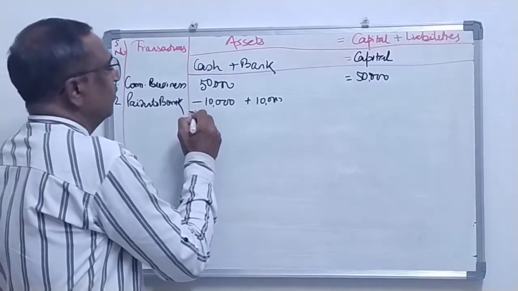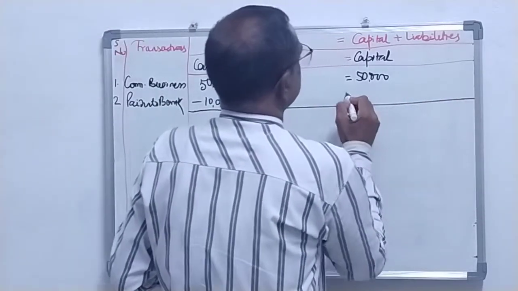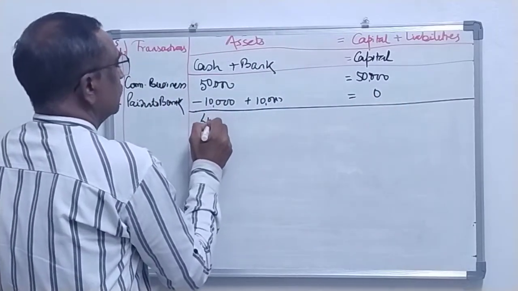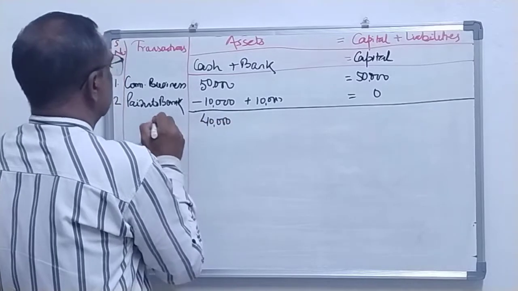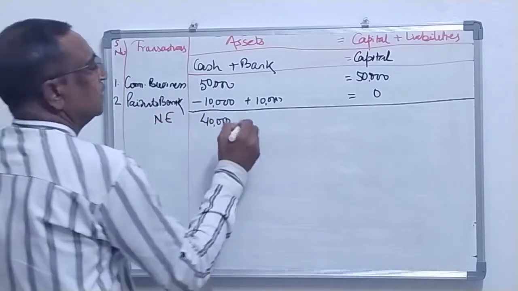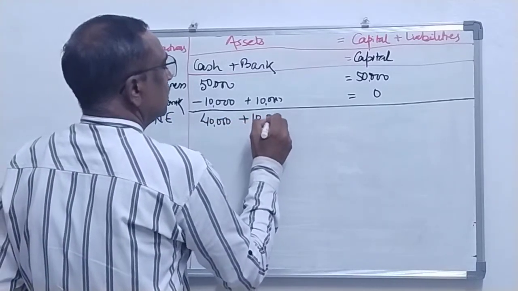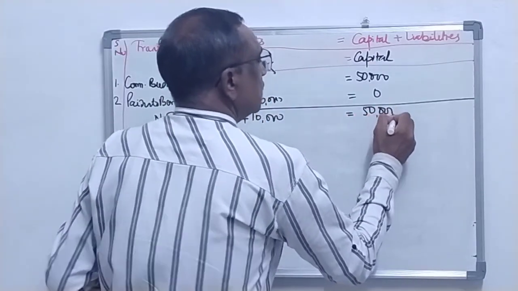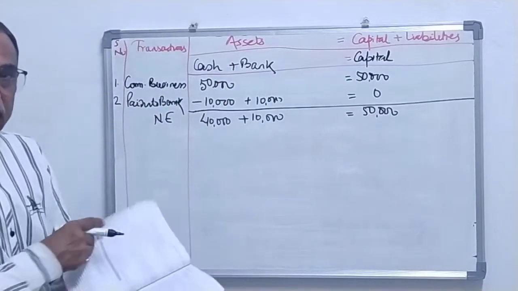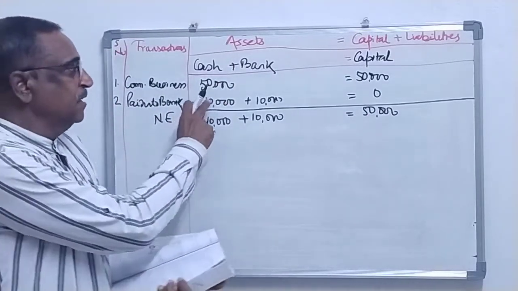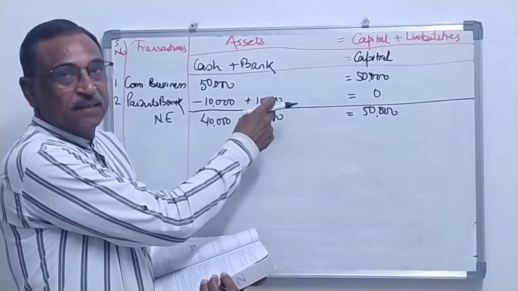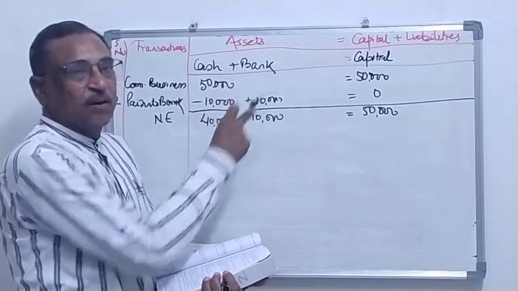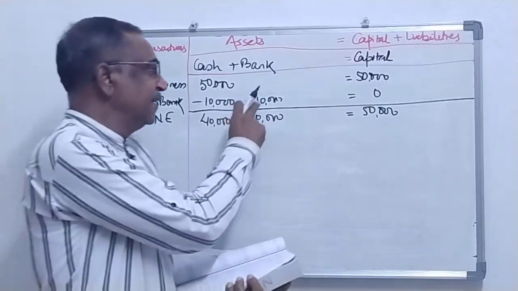Now our equation will become 40,000 plus 10,000 is equal to 50,000. Clear? Cash is being deposited into bank, so 10,000 will be subtracted from cash and your bank balance will increase by 10,000.